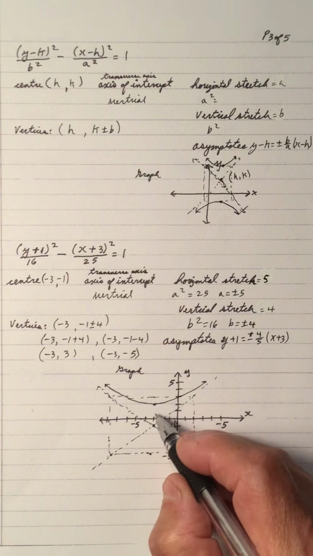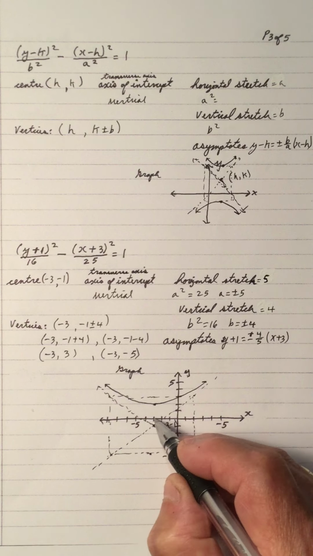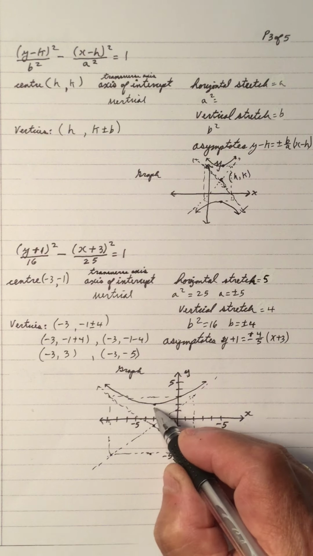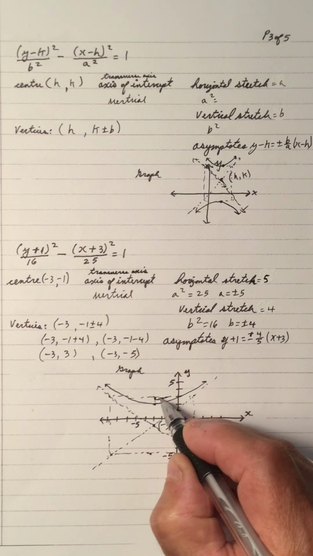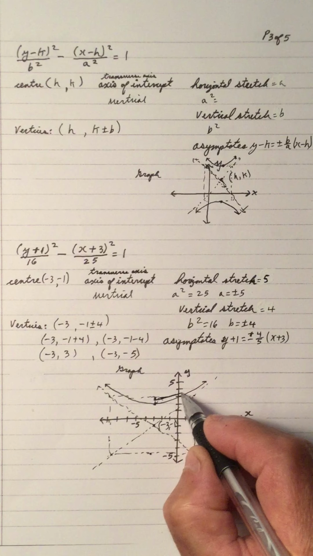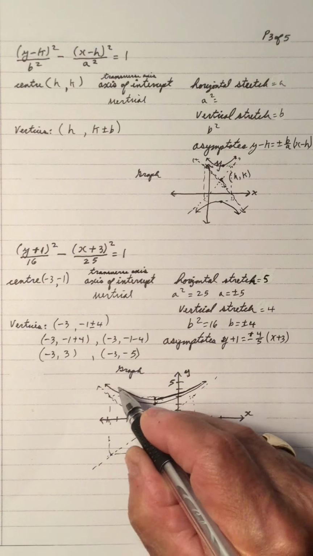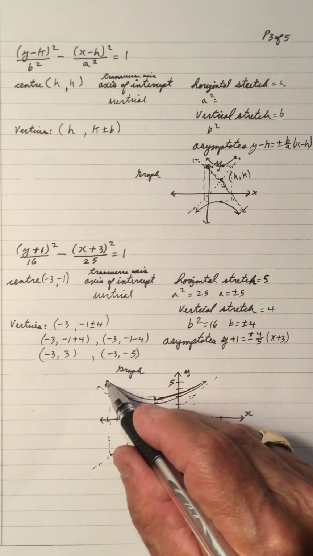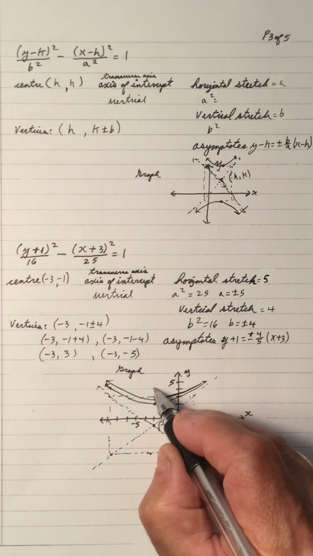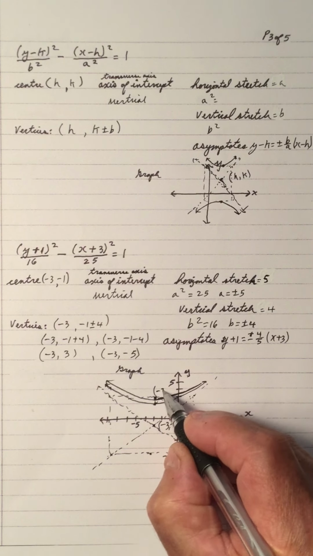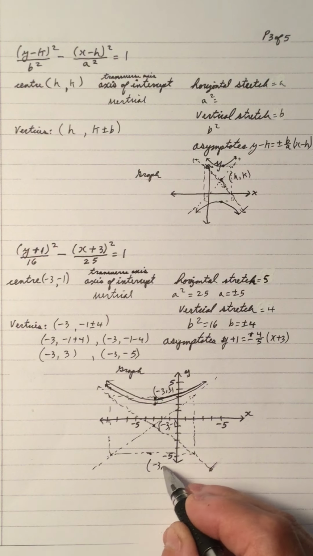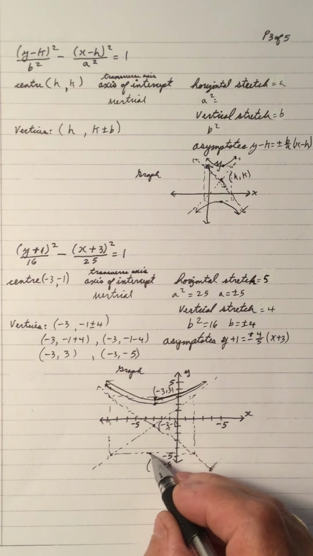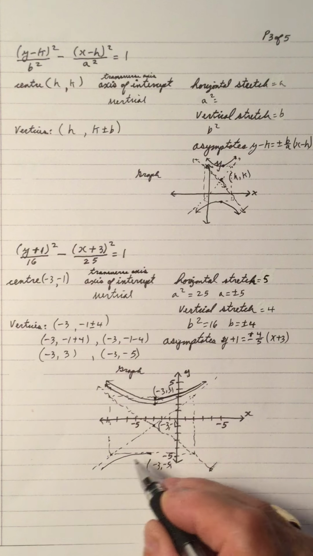Now this one, notice I went -3, and I didn't go 3. This one should be right here. My mistake, I didn't go up far enough. So there it is right there. Apologize for that. This one should be -3, 3. And this one right here is -3, -5. So it goes out this way.